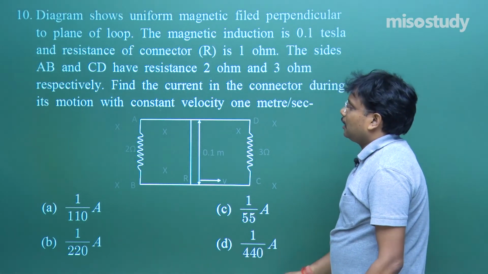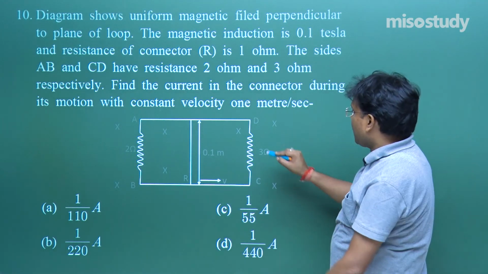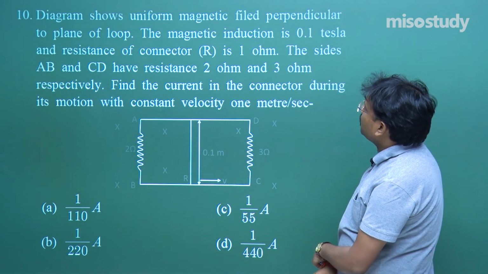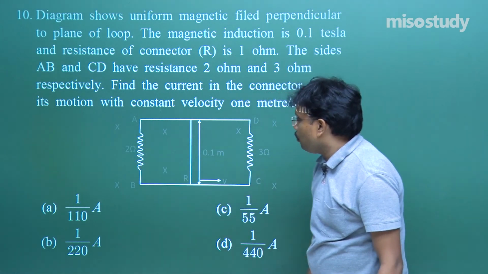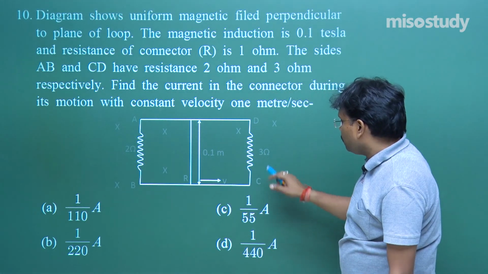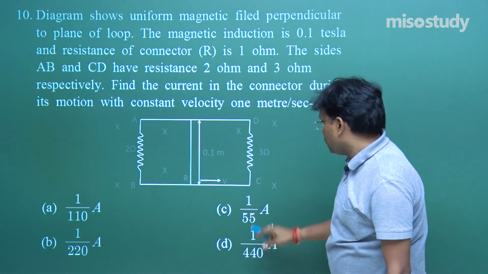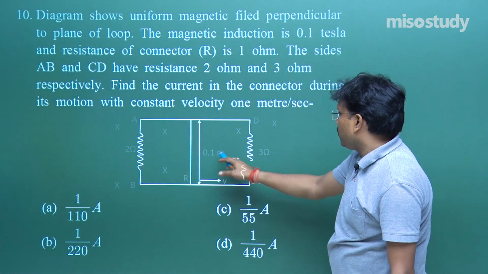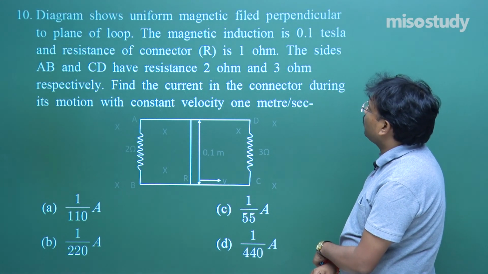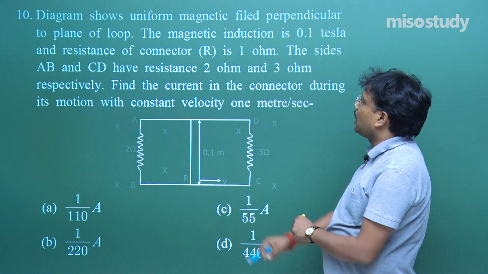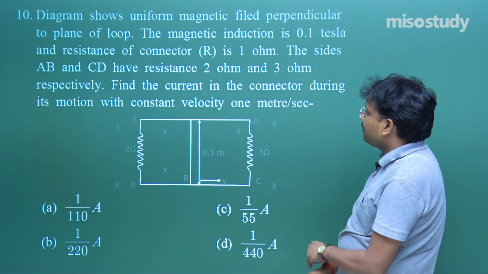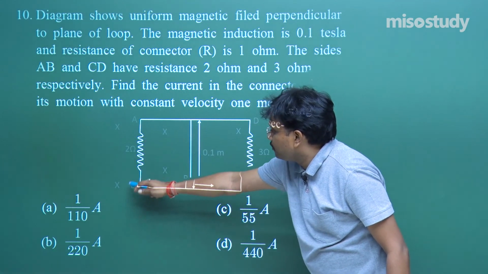And then this diagram, uniform magnetic field, it is mentioned like this, perpendicular to the plane of the loop. This is 2 ohm, this is B, this is R, this is 0.1, this is 3 ohm, this is D, this is A, this is C, this is B, 0.1 ohm, this is the magnetic field. The magnetic induction is 0.1 Tesla and the resistance of connector R is 1 ohm. The sides AB and CD, I hope it is visible to all of you.